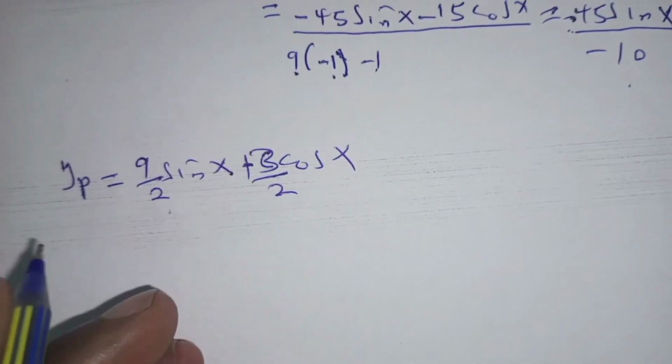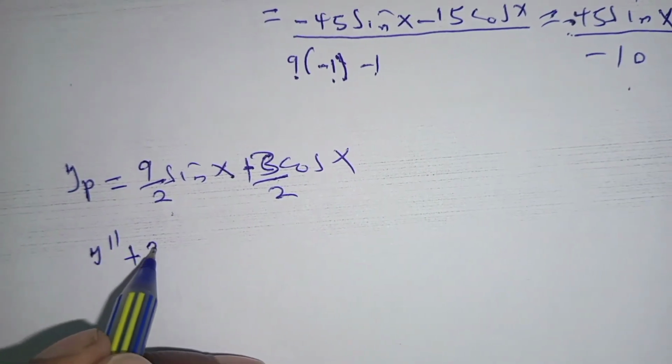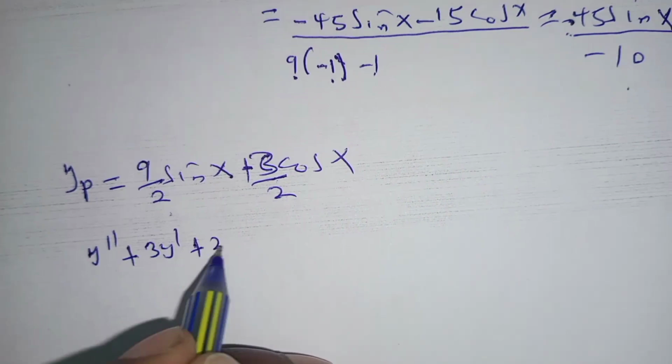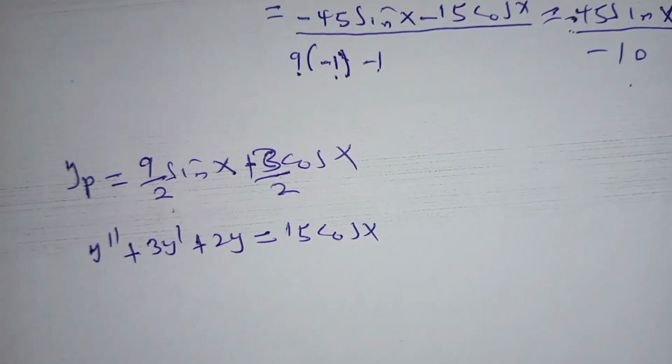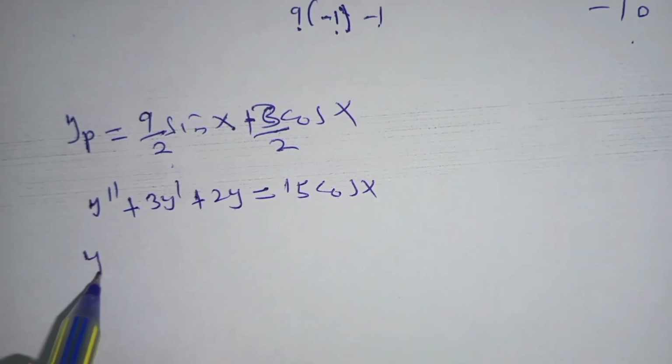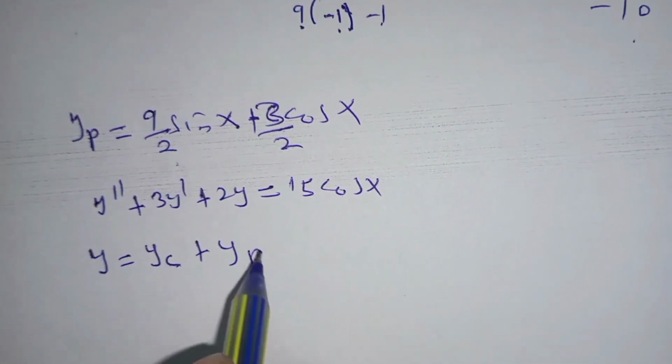So now our solution. Our ODE was y double prime plus 3y prime plus 2y is equal to 15 cos of x. y will be given by y complementary plus y particular.